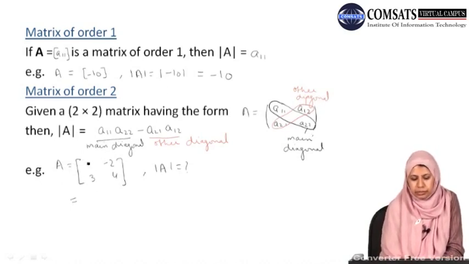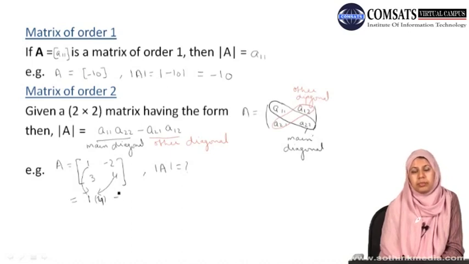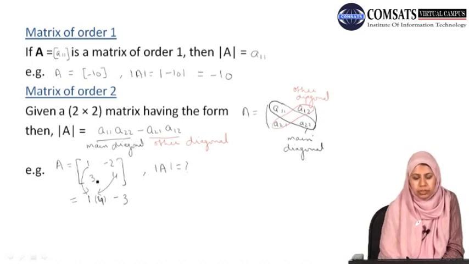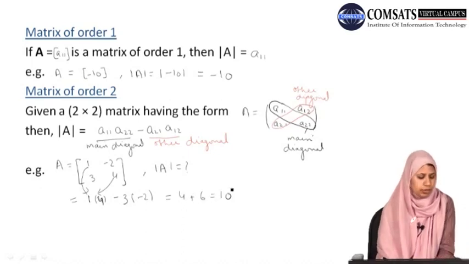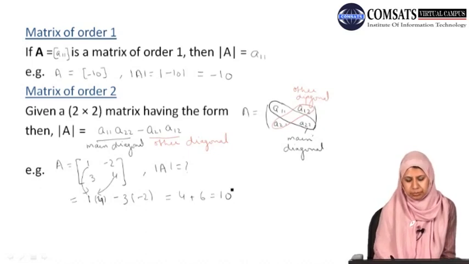The main diagonal has two entries, A11, which is 1 here, and A22, which is 4 here, minus the product of the other diagonal. The other diagonal has entry A21, which is 3, and the entry A12, which is -2. Simplifying this, we obtain that the determinant of the matrix is the real number 10.